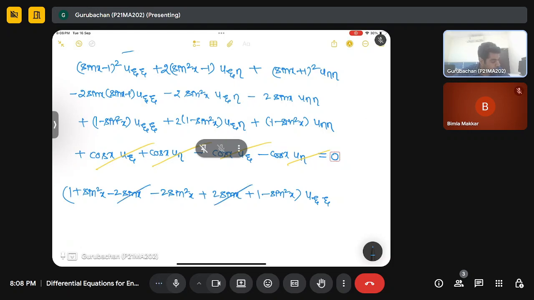So this 2 sin x will simply cancel out. This sin square x minus 2 sin square x minus sin square x. So we will be left with, if you write it as cos square x, is there any benefit? So minus sin square x, so this should be with negative sign, I think.